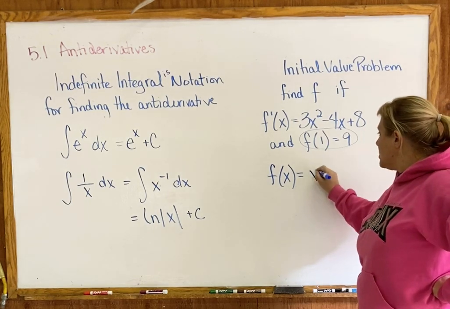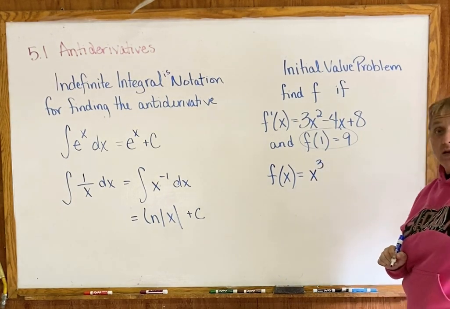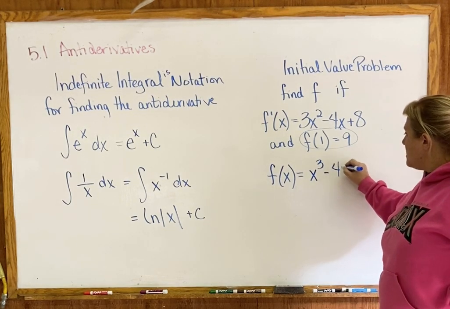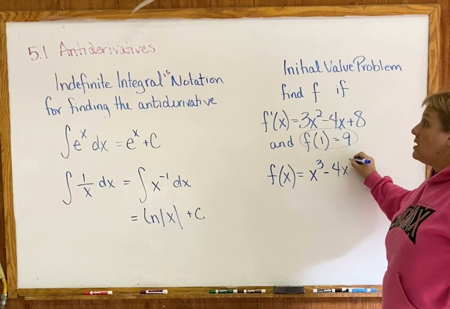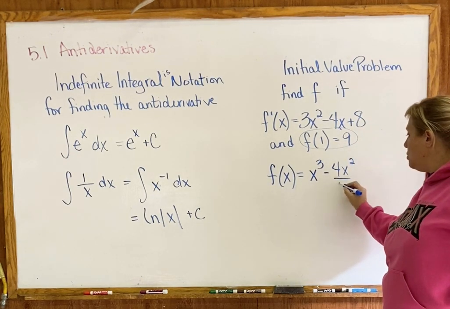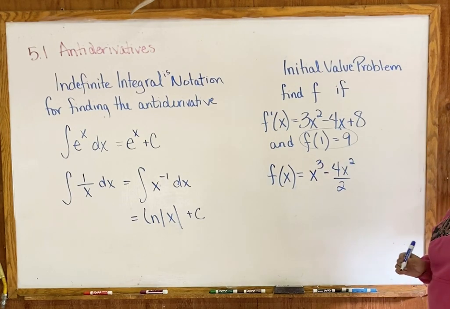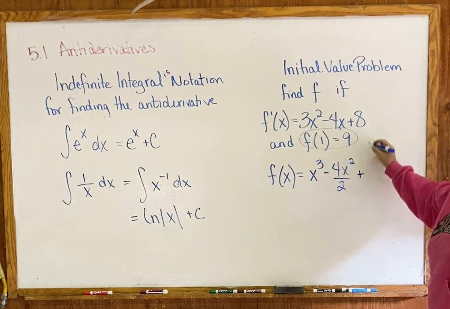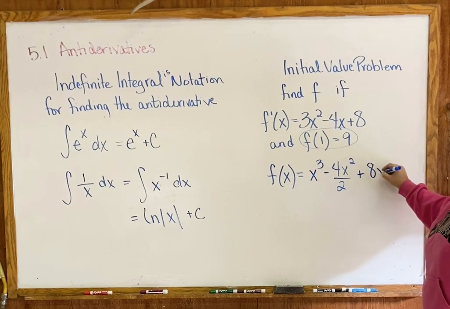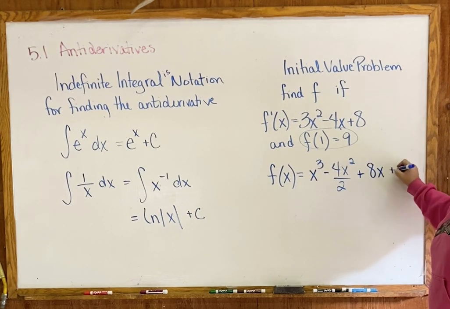So that guy is just perfectly x cubed, which is nice. This guy, we're going to go minus 4x, the new exponent will be 2, right? It was a 1, so now it's a 2 over 2. And then this one, remember if it's just a constant, we're going to slap an x on it, is going to be 8x. And then we're going to hit it with the plus c.